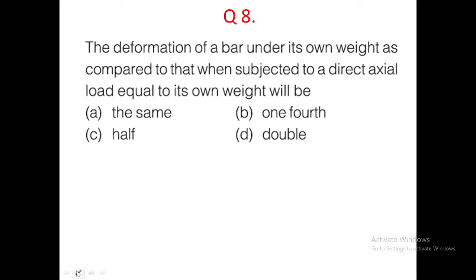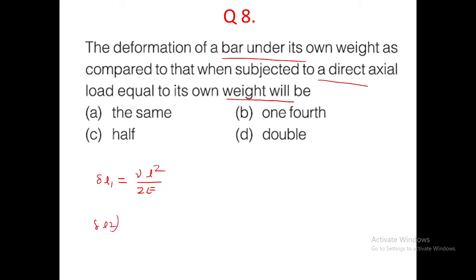Next, question 8. The deformation of a bar under its own weight compared to that when it is subjected to a direct axial load equal to its own weight will be what? The deformation of the bar under its own weight is del L1 equals specific weight into L square divided by 2E.